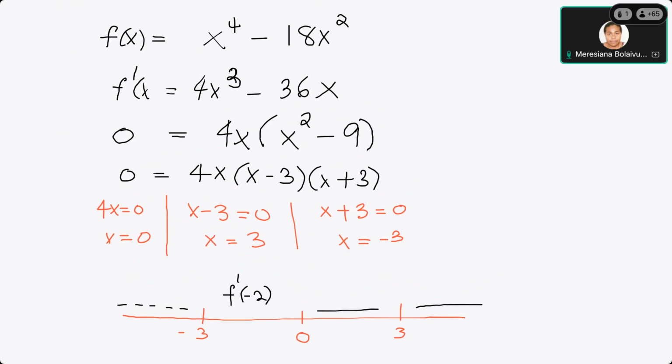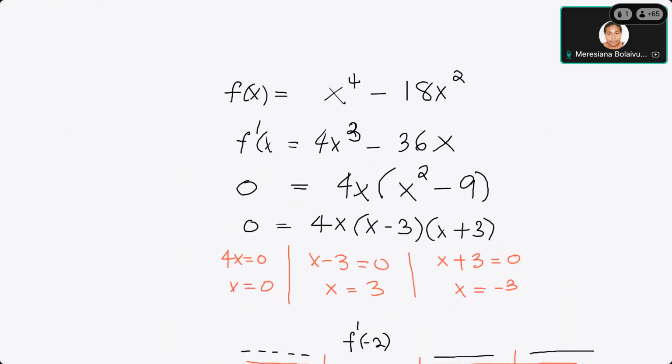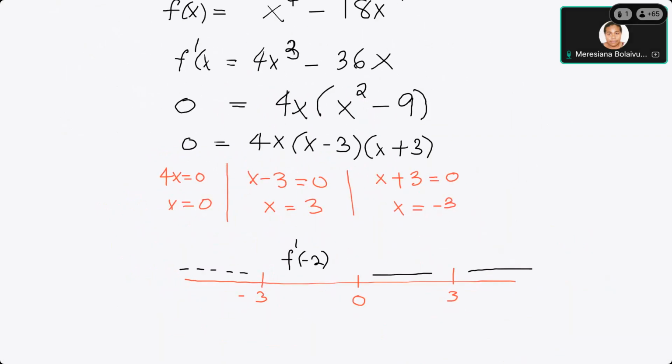You get a positive answer. So is it plus or minus? I'm going to put plus. So I remove this and I put plus. That means in this interval, it's increasing.